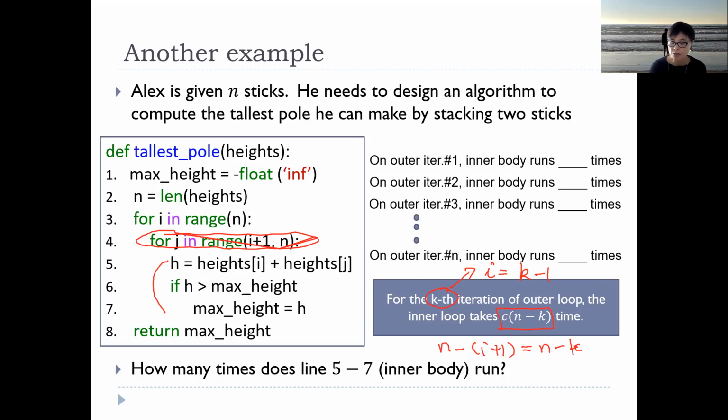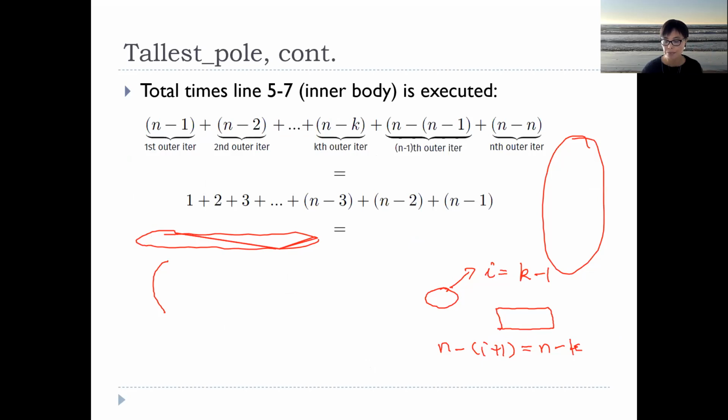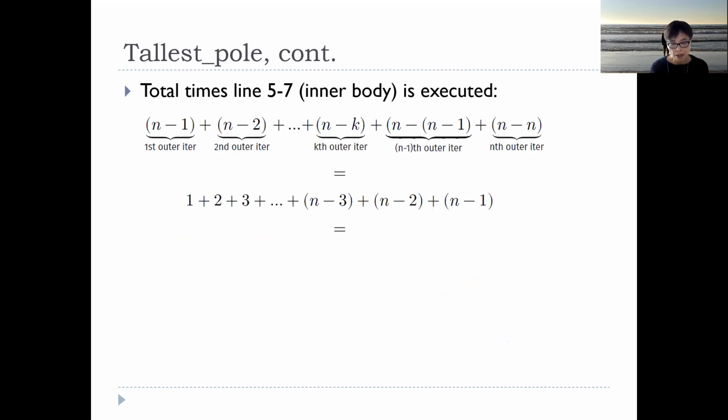Okay, so this is for the k-th iteration, but then the total time complexity is you basically sum up this cost for each of the outer loop iterations. So in the end, the total cost incurred by lines 5 to 7, the inner body, ignoring the constant c here, is n minus 1 that comes from the first outer loop iteration, then n minus 2, and so on till the last iteration.